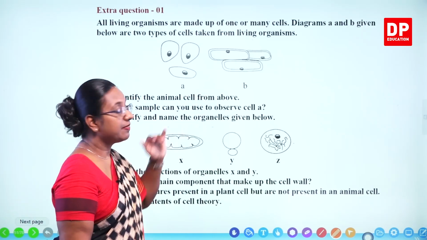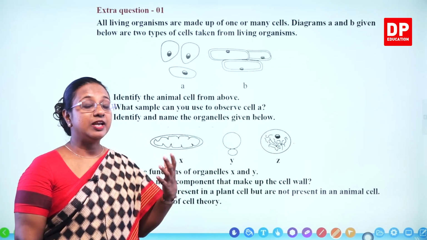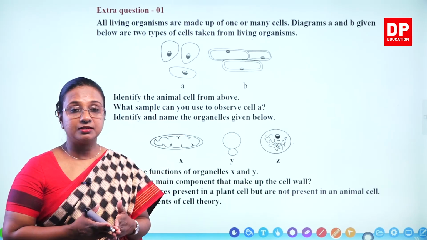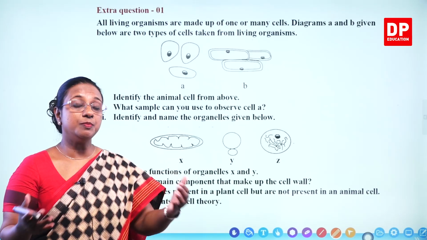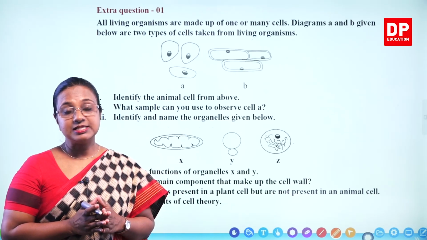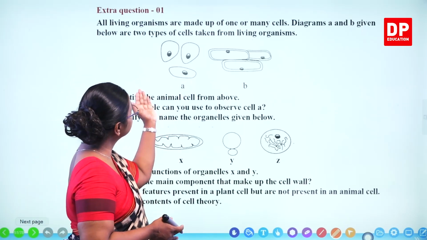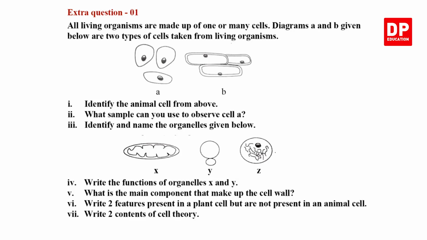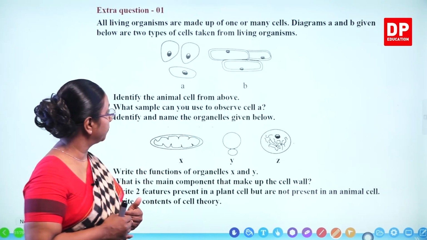So, as you look at the diagram, first you should identify whether it's observed or seen through a light microscope or whether it's an electron microscope image, which gives all the organelles and structures present. Here you can see it's just the simple cell diagram. So, these are cells observed through the light microscope.